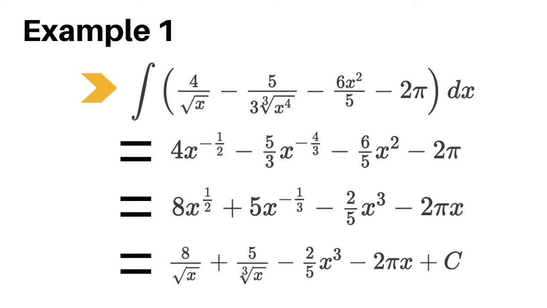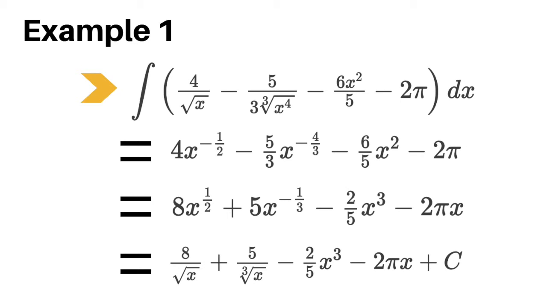Next, we have negative 6/5 x squared. We add 1 to the exponent and it becomes x cubed. The negative 6/5 is divided by 3, so we end up with negative 2/5. Now, something that we always have to do when solving for the antiderivative is add an x to the last variable of the function. So we had negative 2p and it becomes negative 2px.